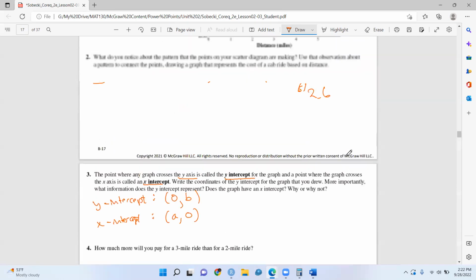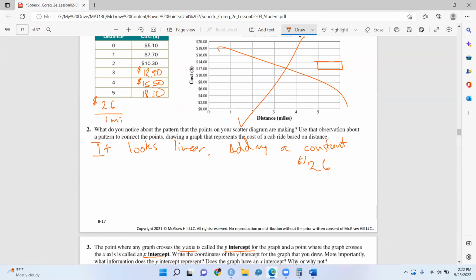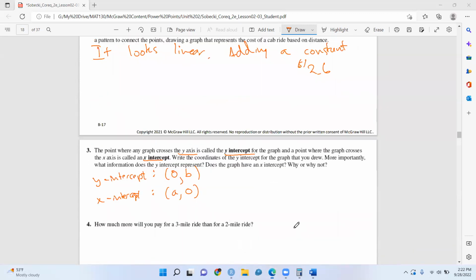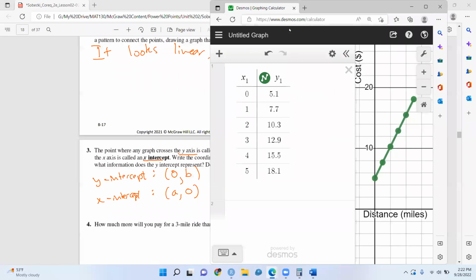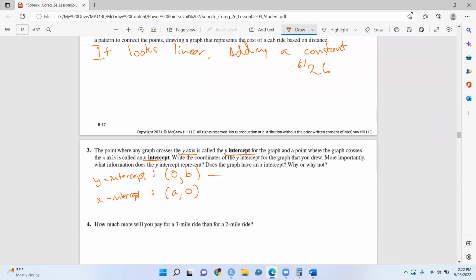So if we look at our graph, you can see where the y-intercept is. It's right here. (0, 5.1). So for us, it's (0, 5.1).